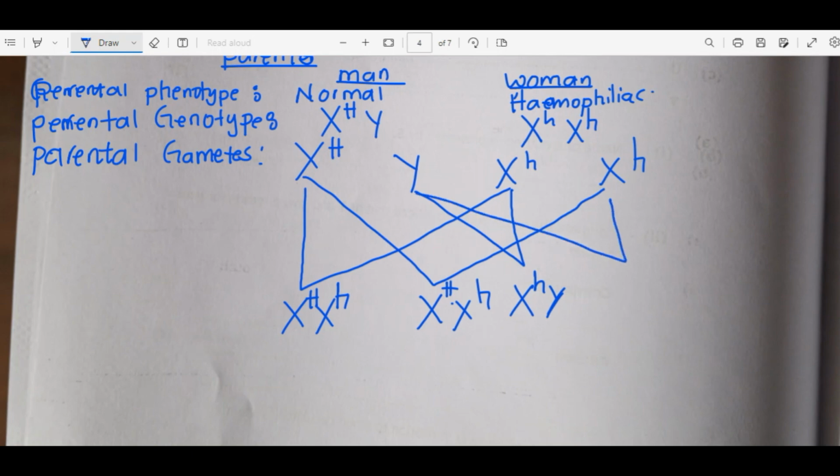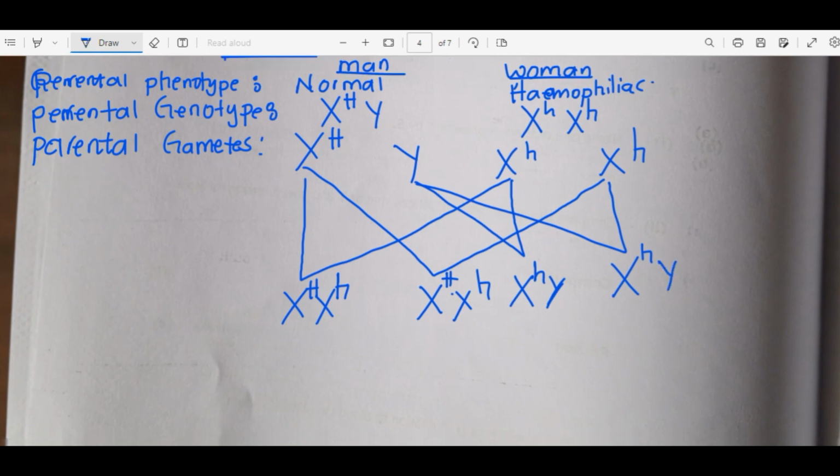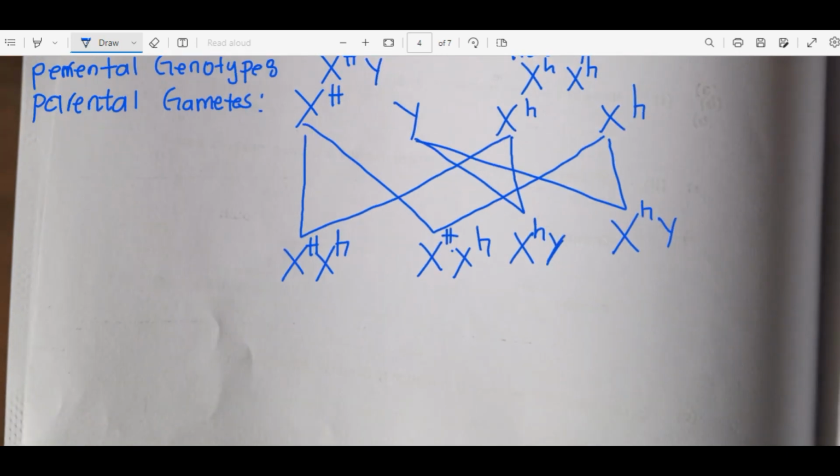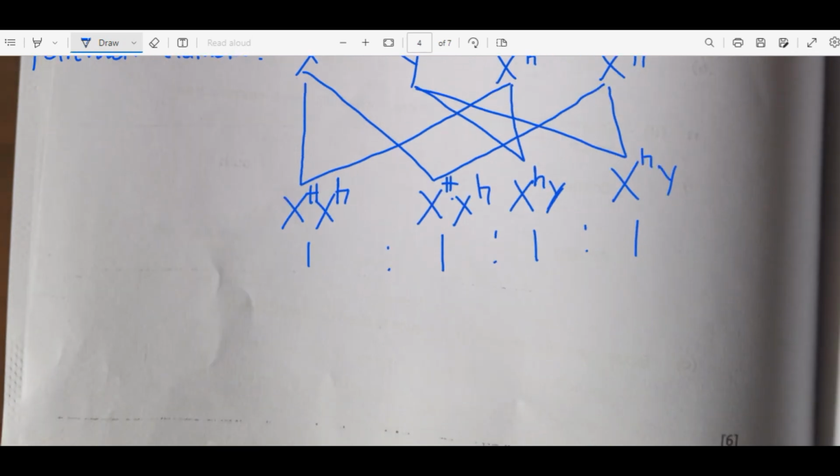Even here, a male who is sick. So we can tell from the ratio: carrier 2, then the patient in terms of the boys also 2.